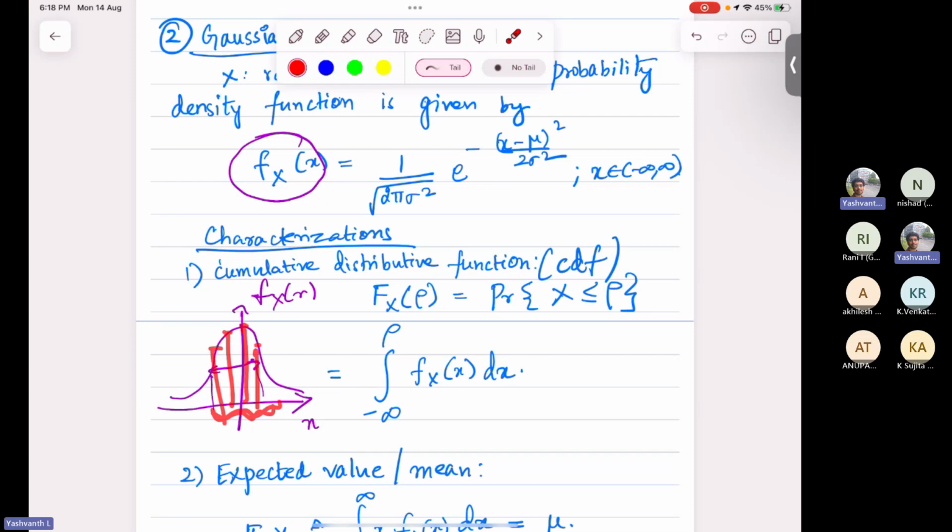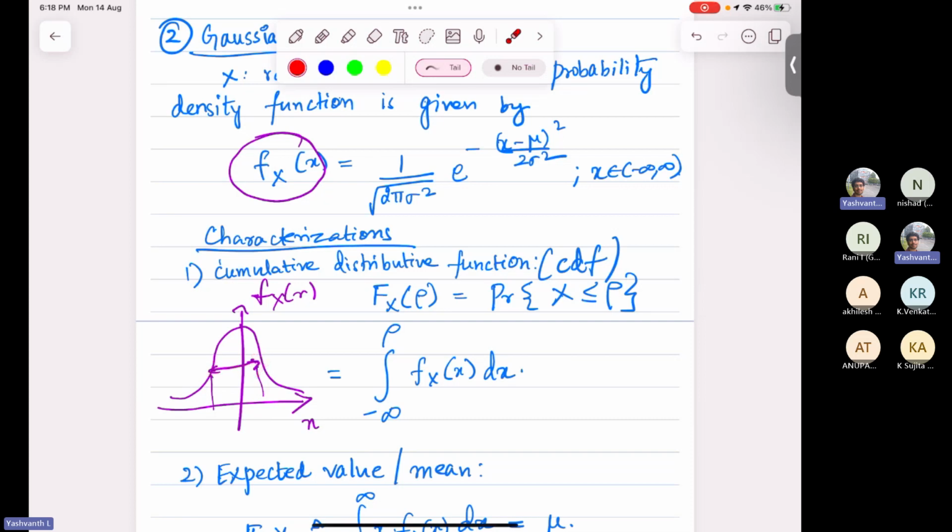So in some sense, this main lobe tells that with high probability any realization of the random variable x will lie in this region, and that region is characterized by the variance of the random variable. If the variance is very high, this width will be very high.